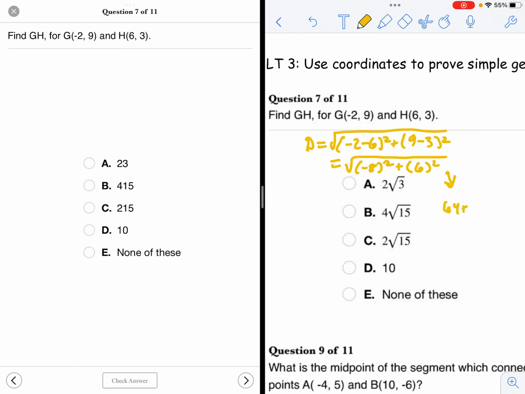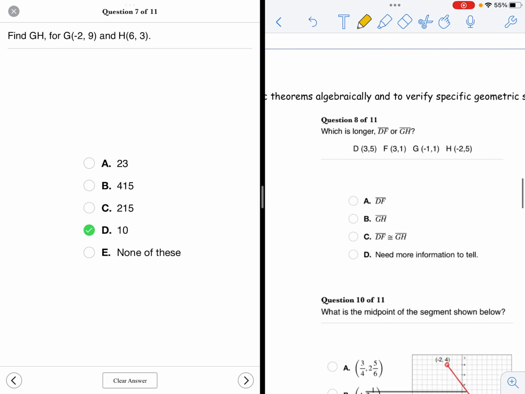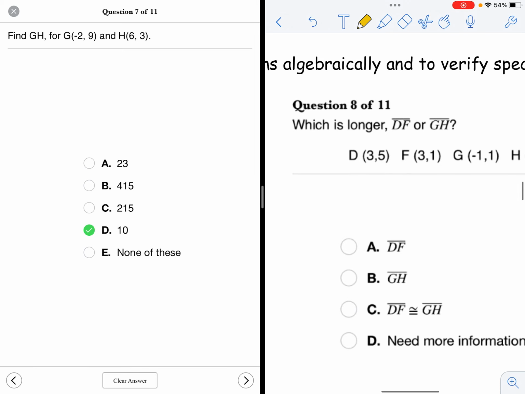Boom, we're going to get 64 plus 36, square root of 100, which is 10. This is the same problem, but you're just doing two of them. You're finding DF and GH.